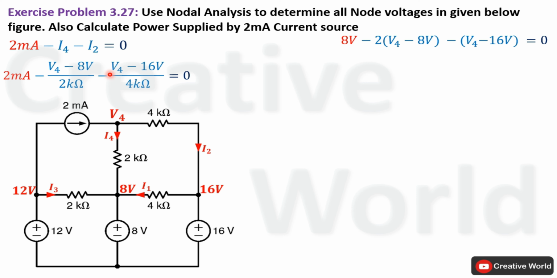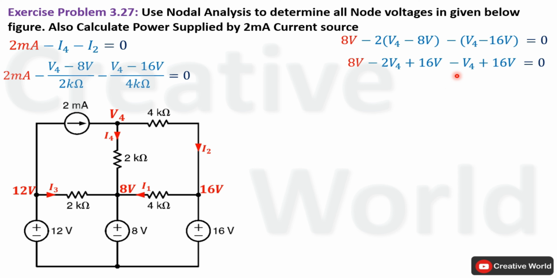Here 4 kilo ohm and 4 kilo ohm in denominator will cancel out with each other. Only V4 minus 16 volt will be left. Now open these brackets. This minus 2 will multiply with V4 and minus 8 volt. It will become minus 2 V4 plus 16 volt. Here minus 1 will multiply with V4 minus 16 volt. It will become minus V4 plus 16 volt.